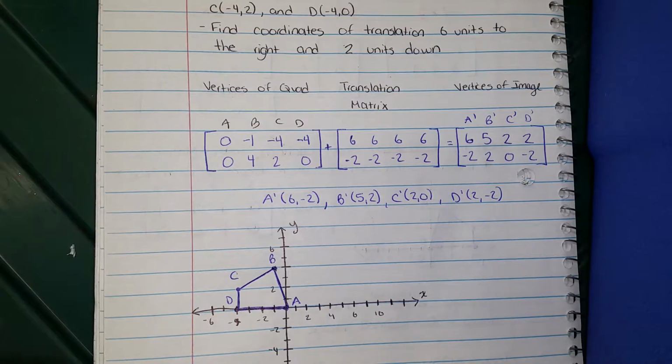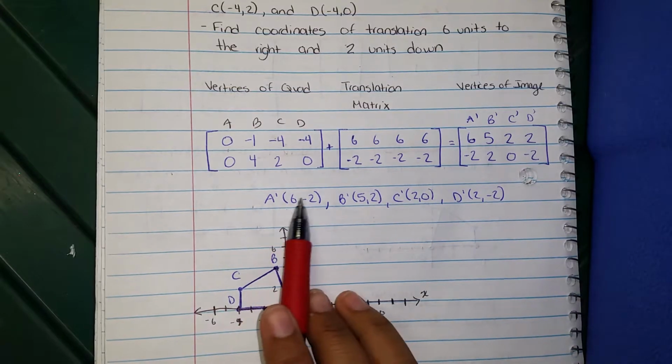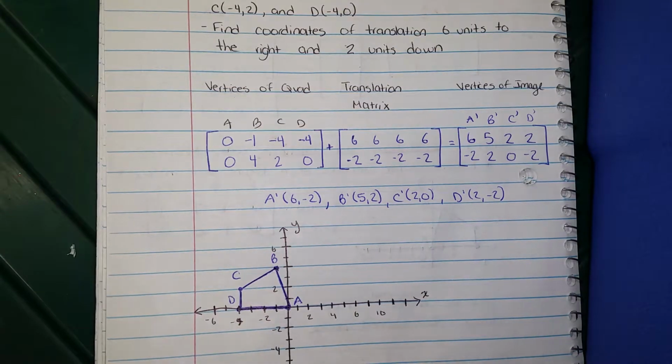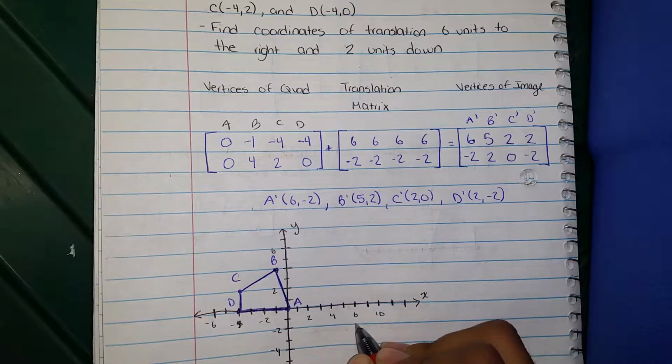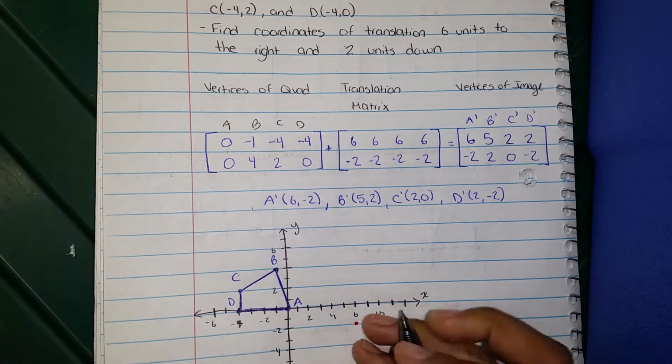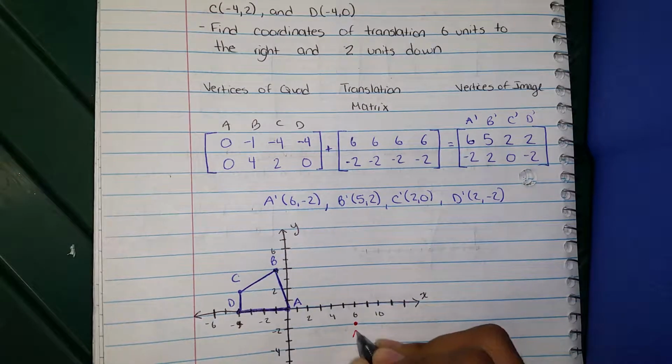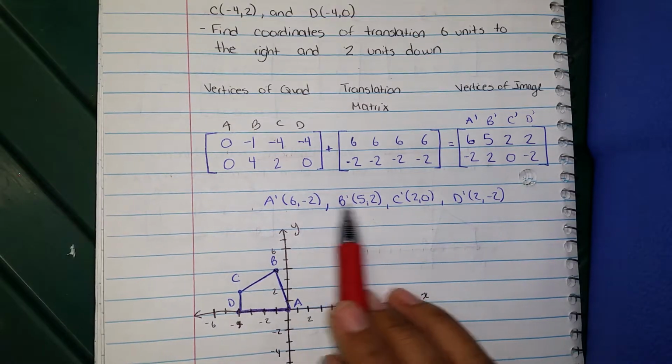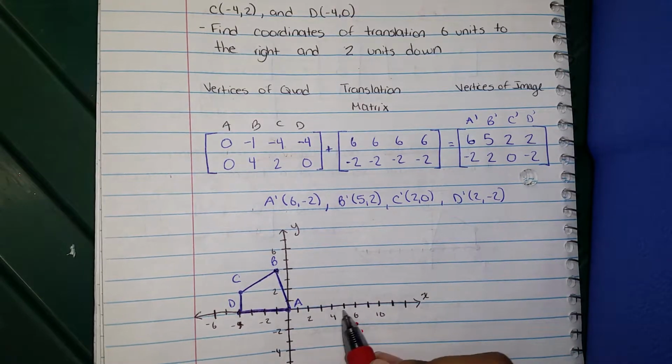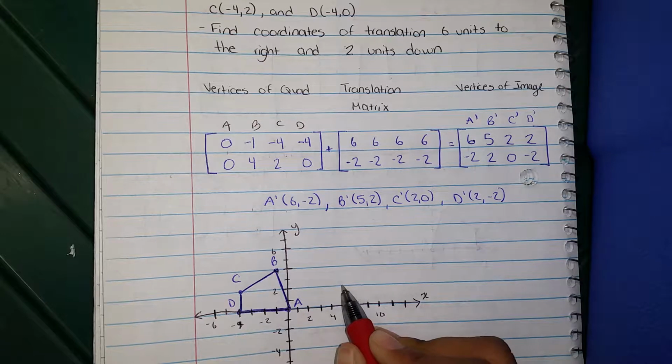Let's plot these points and see if we really do get that translation. So we have A prime, which is 6, -2. That would be 6, -2 down here. This would be A prime. We get B prime, which is 5, 2. So it'll be 5, 2.